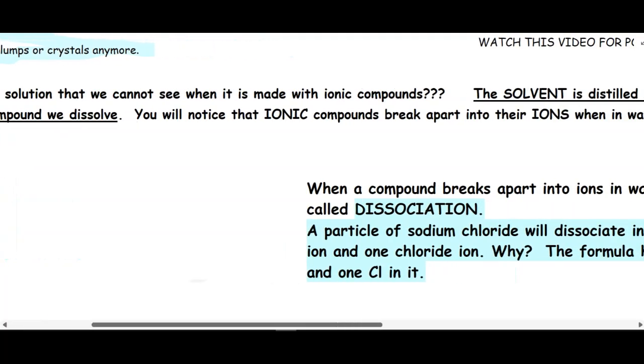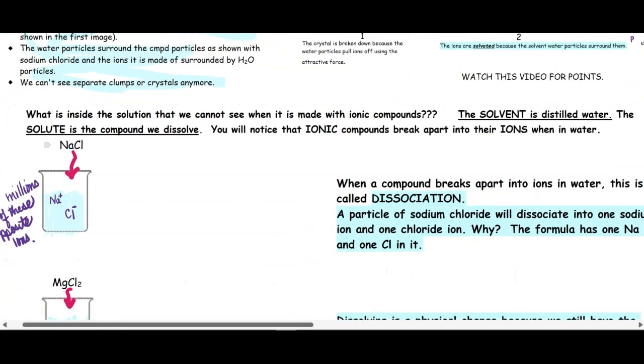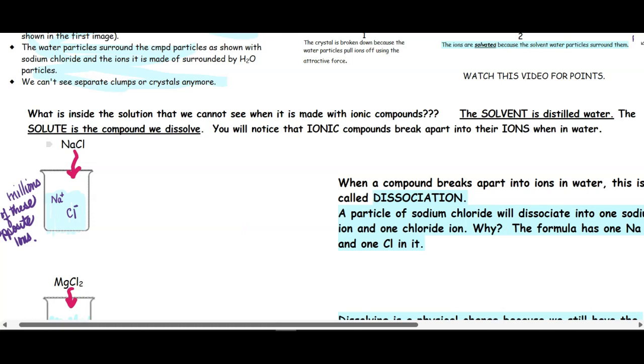And when a compound breaks apart into ions in water, this is called dissociation. So in the compound, sodium and chlorine were associated, right? Sodium and chlorine were associated. But when they get into water, they dissociate.